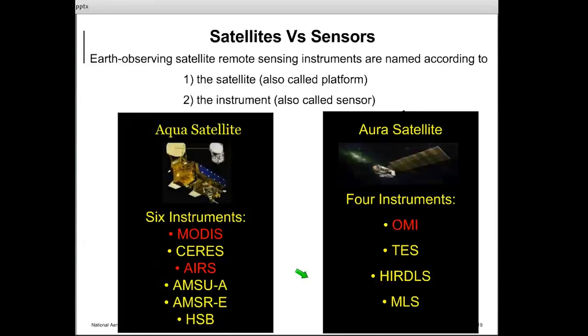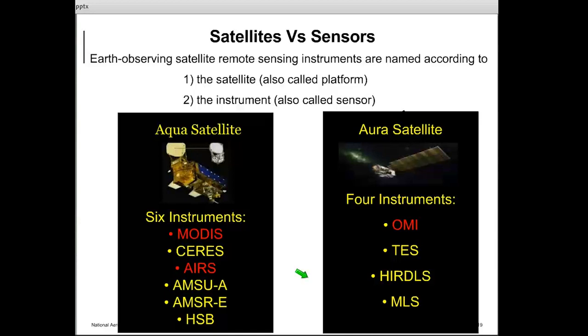On the Aqua satellite, two of the highlighted instruments, MODIS and AIRS, are sensors which provide some information on air quality. The Aura satellite is designed to get information about atmospheric chemistry, and it has 4 different instruments which provide different pieces of atmospheric information.